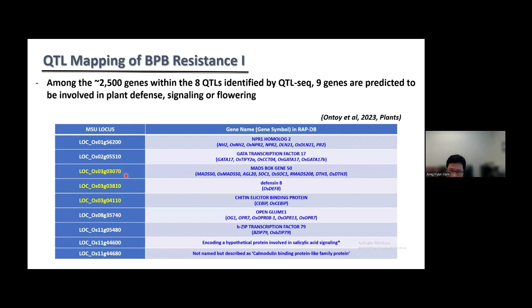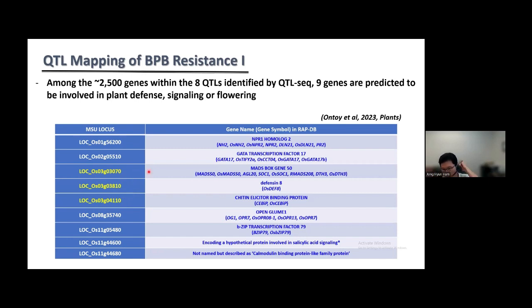From those 8 QTLs, there are about 2,500 genes located in those QTLs, but surprisingly, only 9 were predicted to be involved in plant defense, signaling, or flowering. Especially in the major QTL area, we found 3 most reasonable genes.